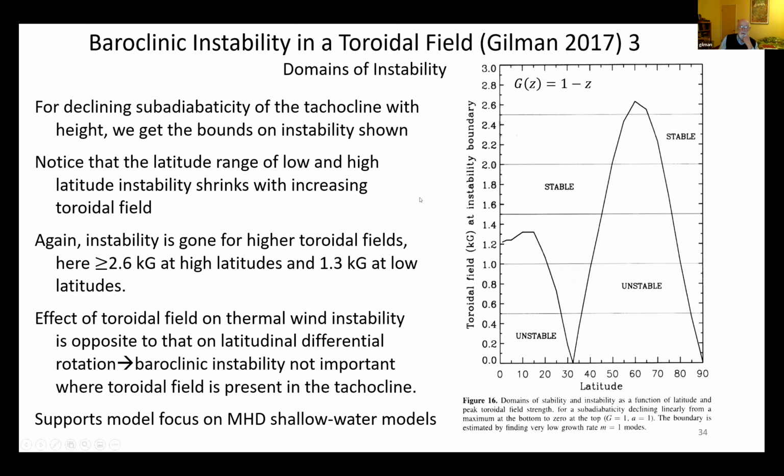So this is a somewhat discouraging message vis-a-vis the tachocline, because it appears that baroclinic instability is unlikely to play much of a role there, at least when it comes to the parts of the tachocline that have significant toroidal field in them. And I think that argues in favor of looking back more at the MHD shallow water class of models for this.